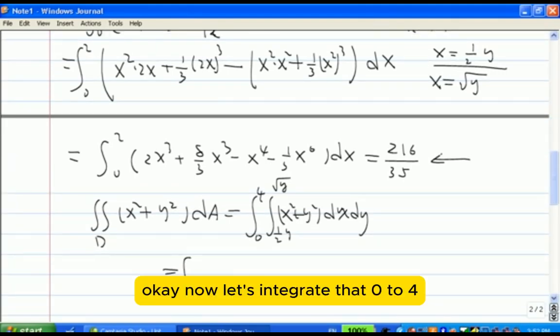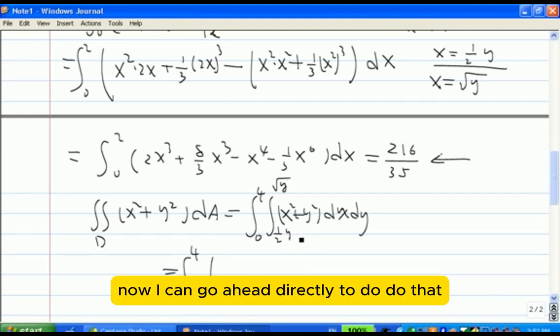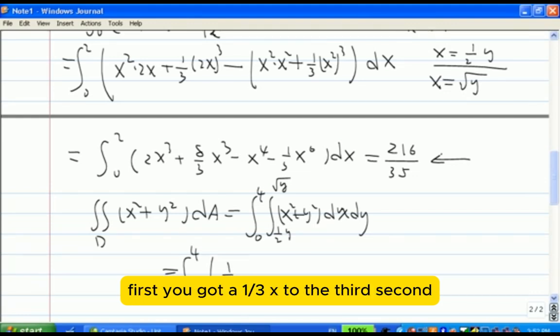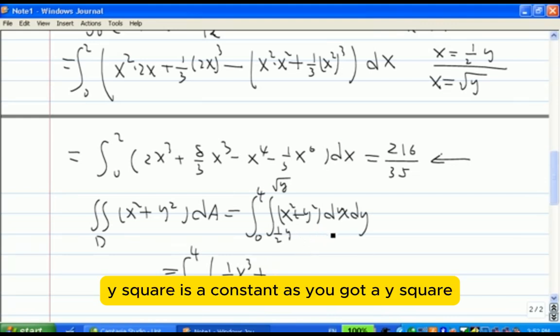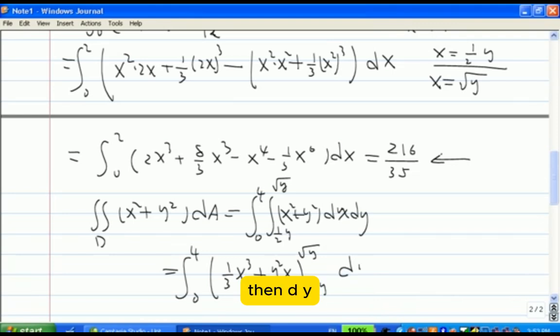Now let's integrate that, 0 to 4. I can go ahead directly because this integral is easy. This time we integrate about x, so you treat y as a constant. First you get 1/3 x to the third. Second, y squared is a constant, so you get y squared x. Evaluated at 1/2 y and square root of y, then dy.